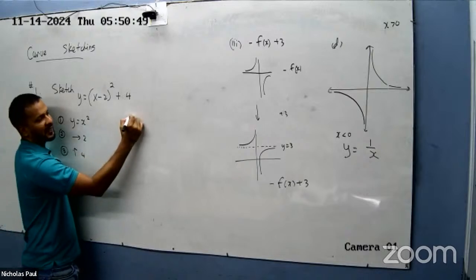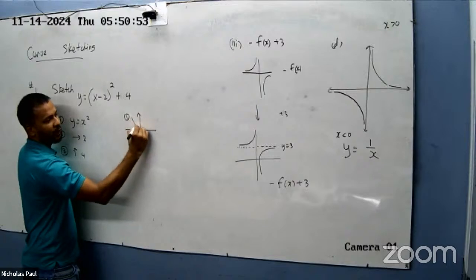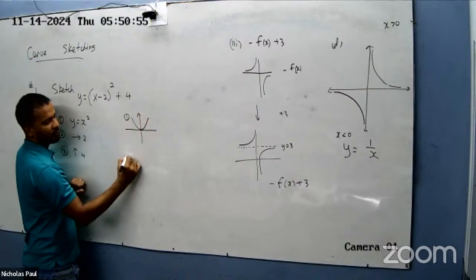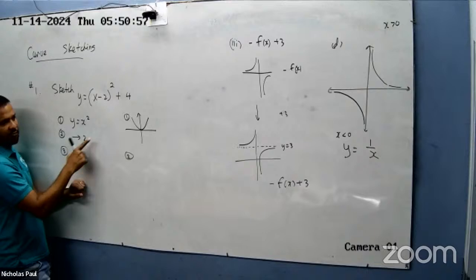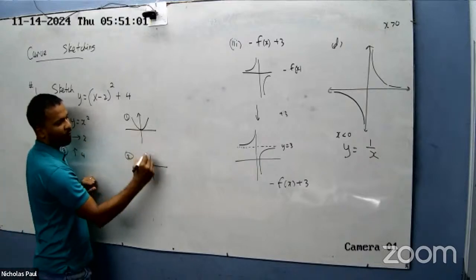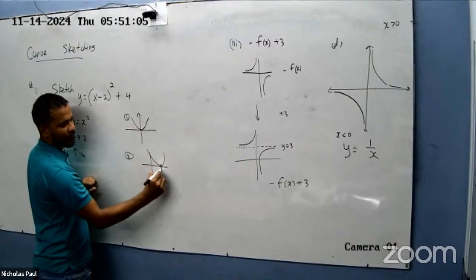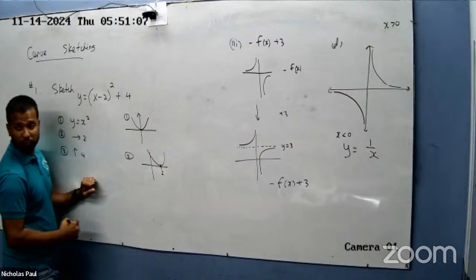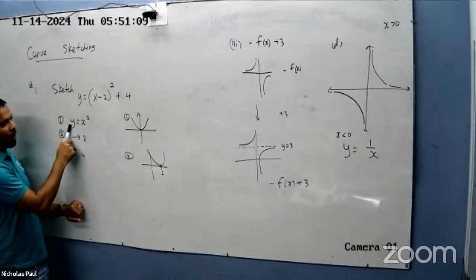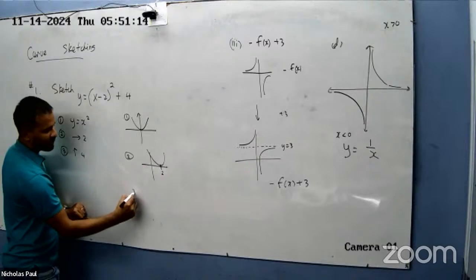So I'm starting here at y is equal to x squared. I am going to shift it to the right 2, so I'm shifting this whole function to the right 2. So this value is now 2. Step 1, x squared. Step 2, I shift it to the right.